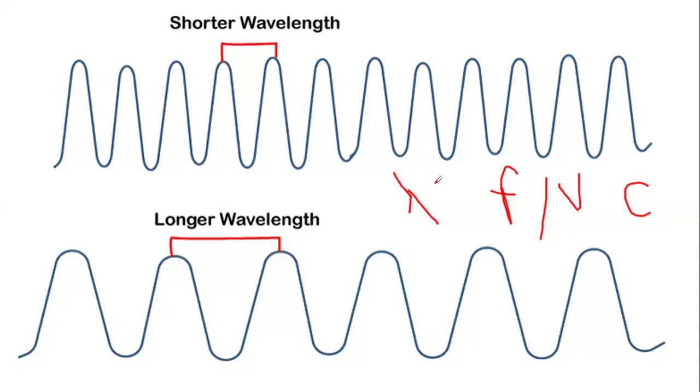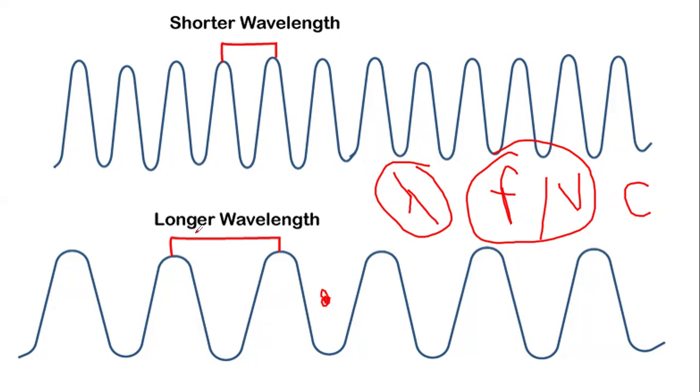This is what I was explaining: the wavelength and the frequency are inversely proportional. The one down here has a longer wavelength. If it has a longer wavelength, the frequency will decrease. Because if I have a point here and these wavelengths are so big, it will take a lot of time for this curve to come and pass, leading to fewer waves passing through this given point in 1 second.